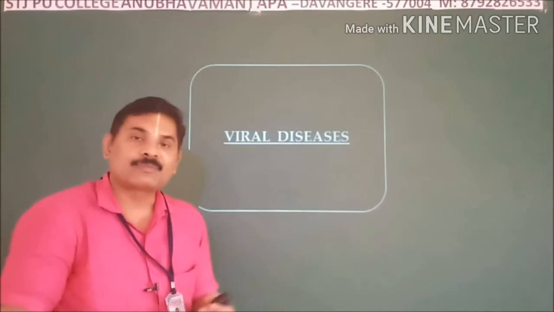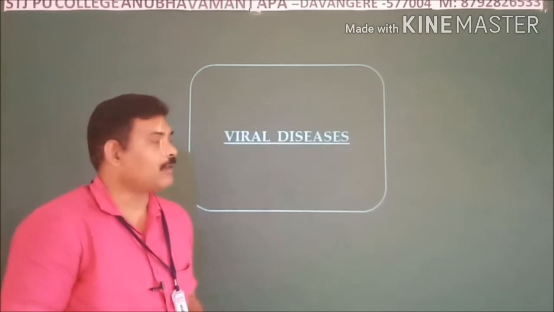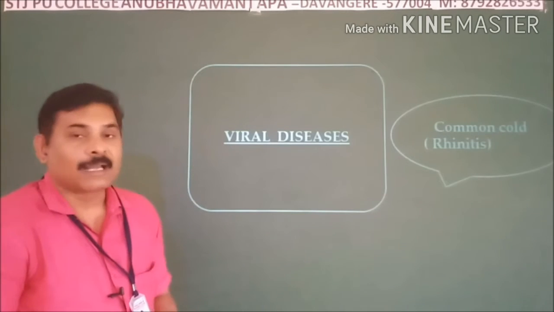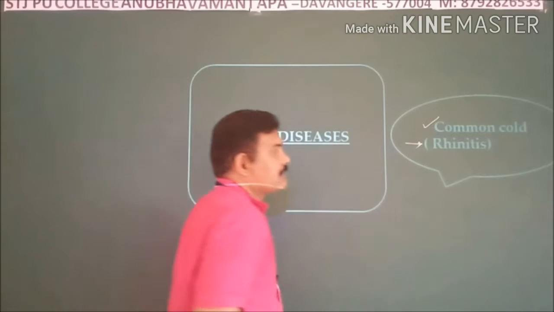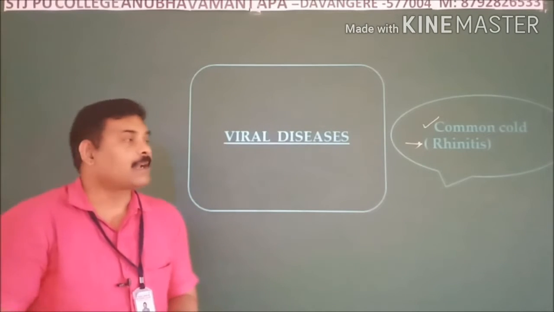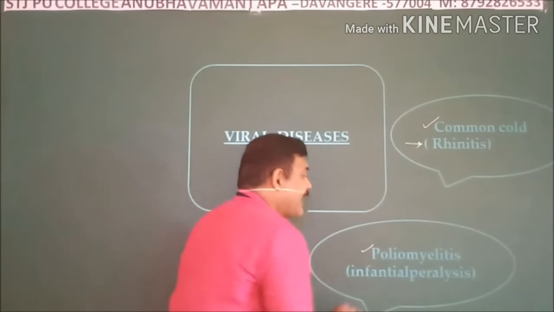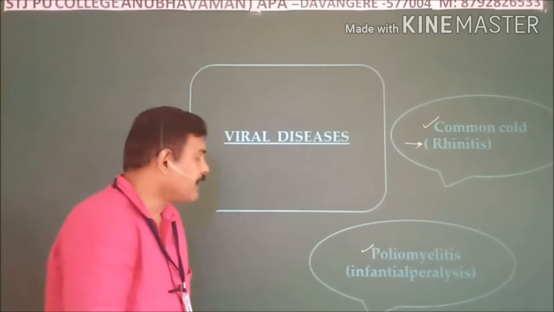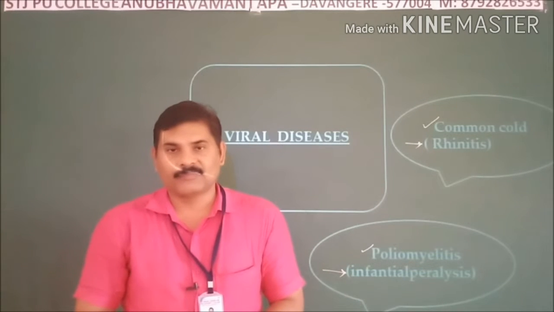So coming to the types of diseases caused by viruses, one is the common cold, which we call rhinitis. The second disease that we are going to see is Poliomyelitis, generally known as Infantile Paralysis.